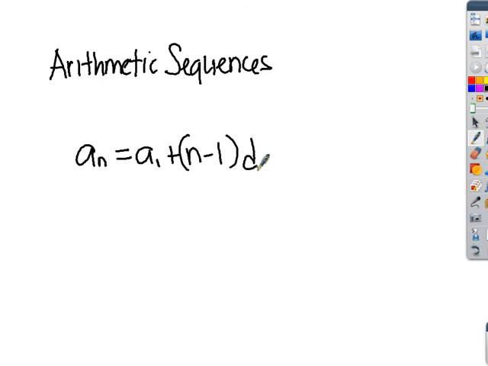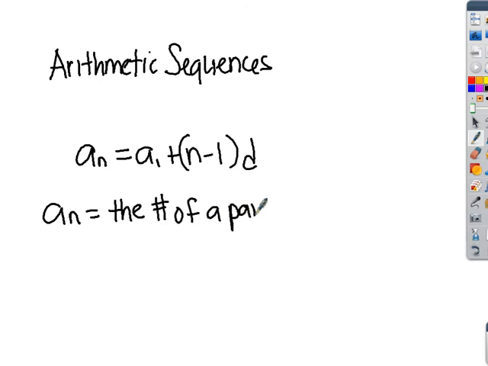And here it is. A sub n equals a sub 1 plus n minus 1 times d. Now what does all that mean? Well, I'm going to tell you. A sub n is the number of a particular term in your sequence.